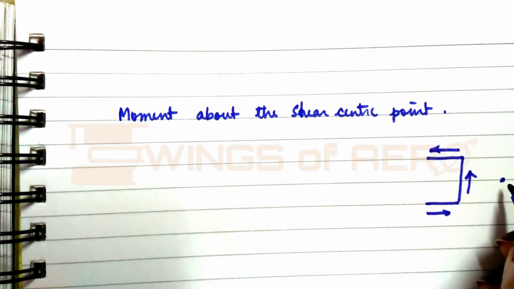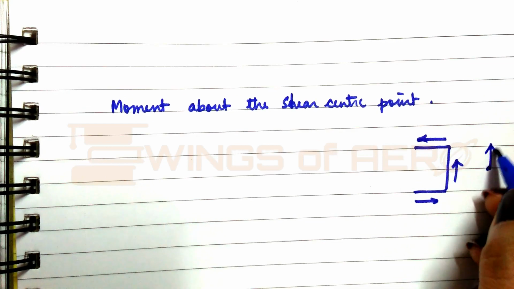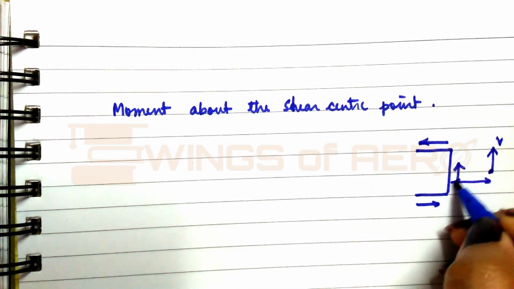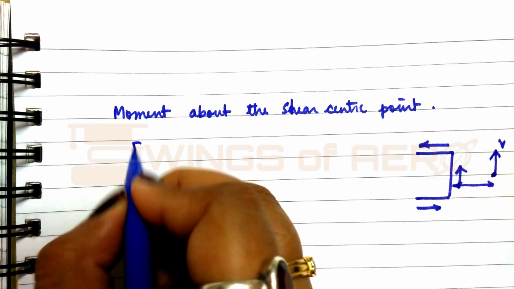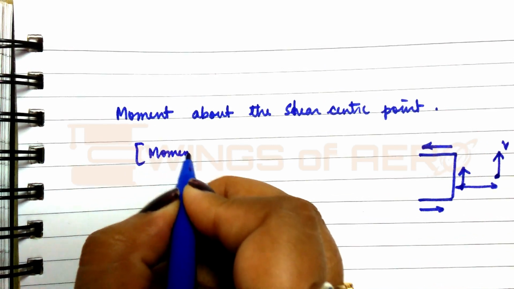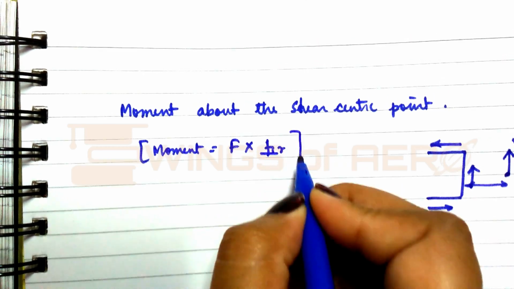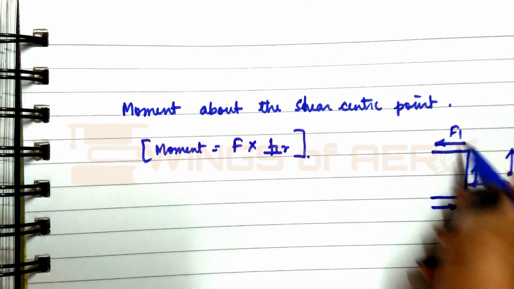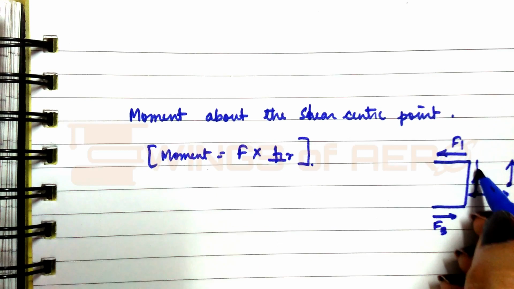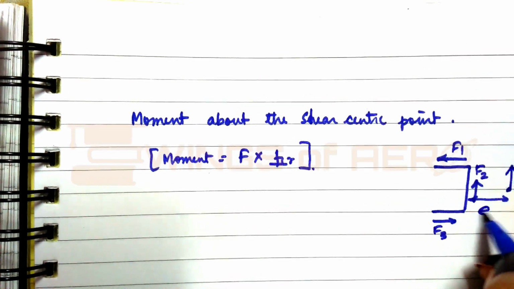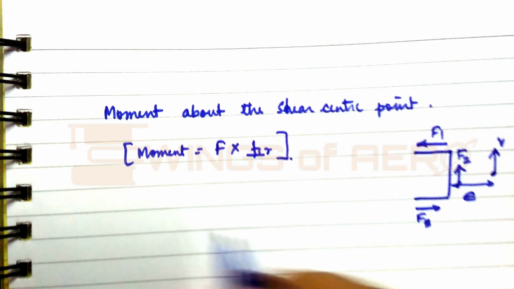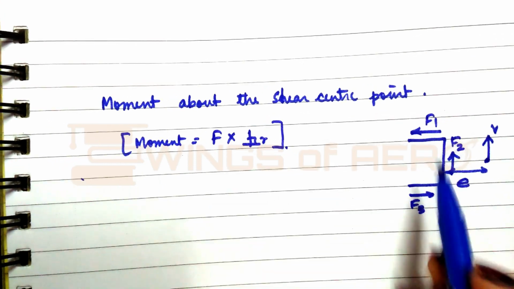Here we have the shear force acting vertically upward. And what is moment? Moment is equal to force into perpendicular distance. Now this is our F1, F3, F2, right? And this is a distance E. Now what is our F1?